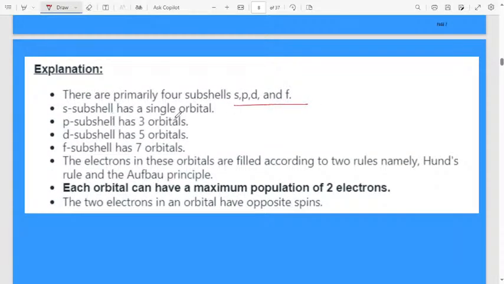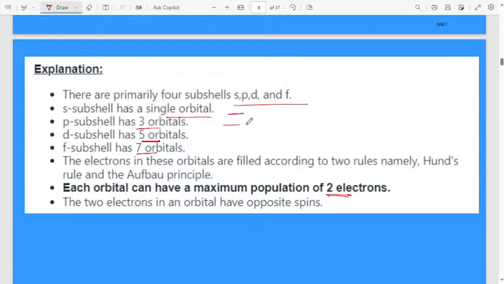S has a single orbital. P has 3 orbitals. D has 5 orbitals. F has 7 orbitals. The electrons in these orbitals are filled according to the rules, namely Hund's rule and the Aufbau principle. Each orbital has a maximum of 2 electrons. Even the s orbital, which is a single orbital.